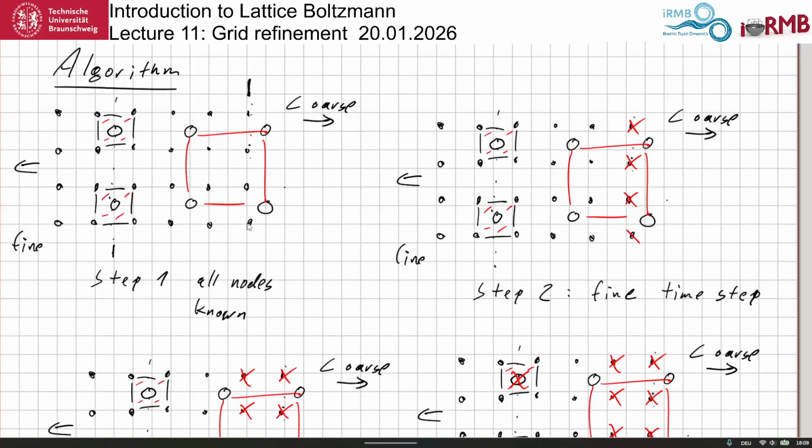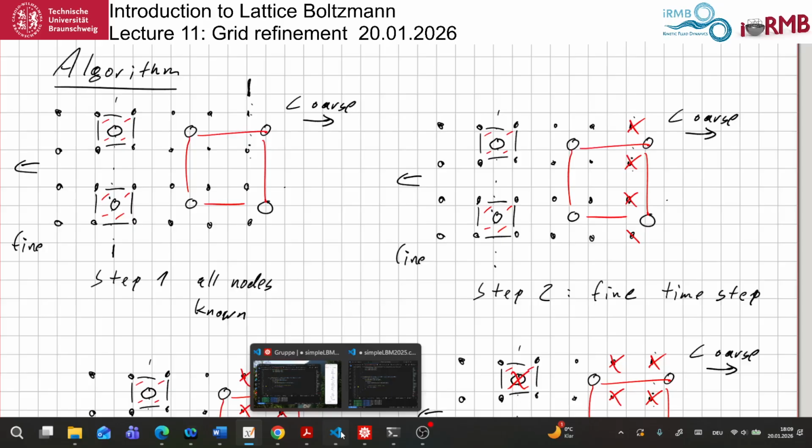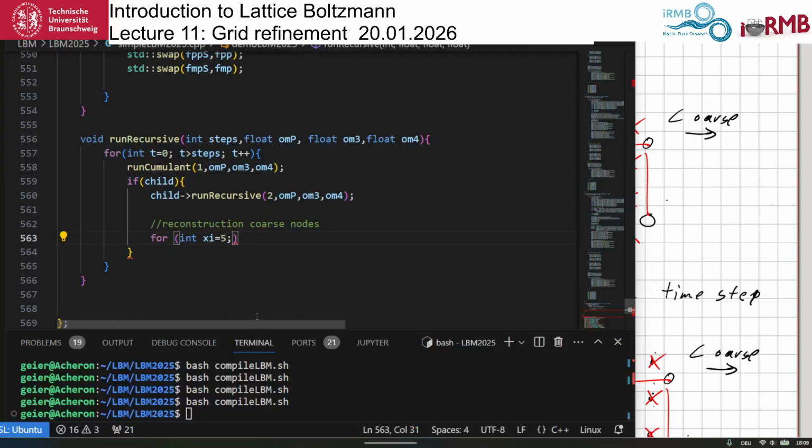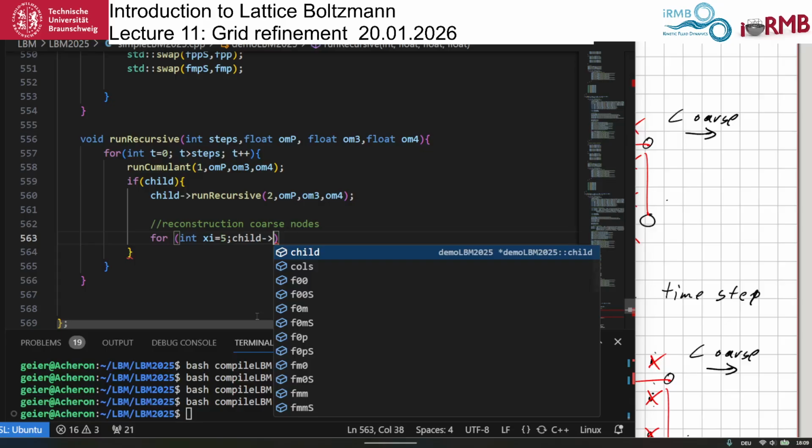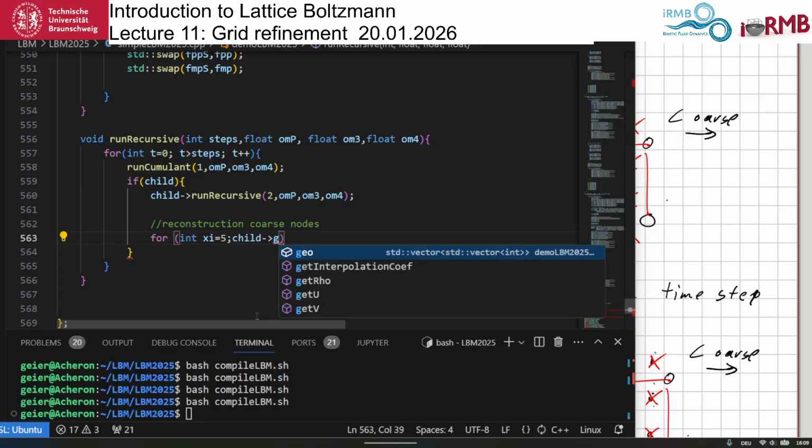And so 1, 2, 3, 4, 5, 6. So we go 6 inside. So basically, this is the size of the system, and the size of the system is child gets.